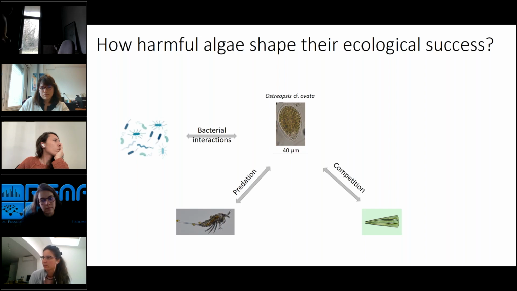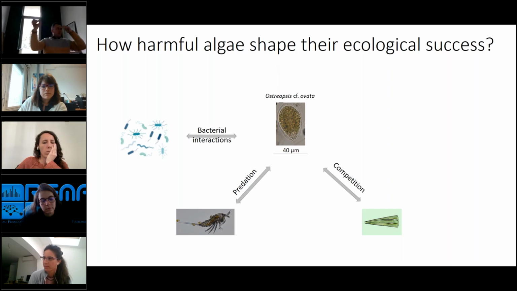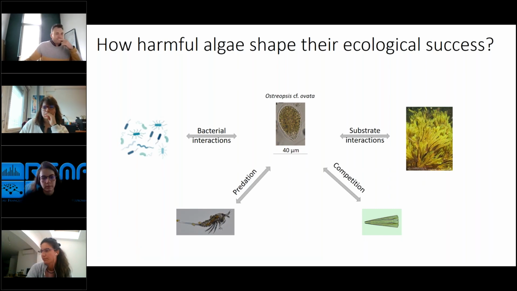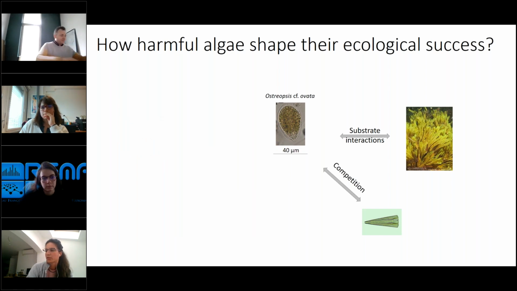In the case of the specific species Ostreopsis ovata, which is a benthic microalgae, meaning that it grows on a substrate, you also have the interaction with the substrates, which are often microalgal species. So because we only have 15 minutes, I'm going to focus on the substrate interactions and the competitive interaction in this talk.